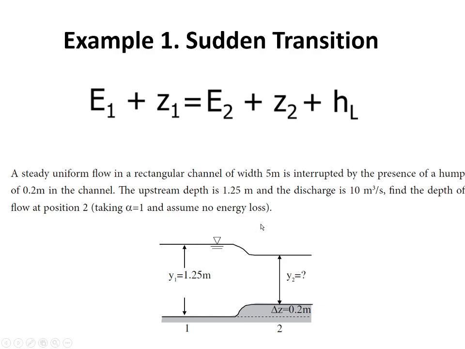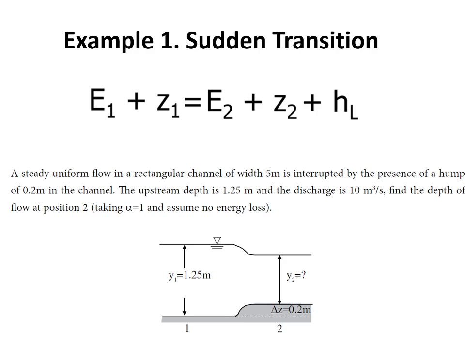There are no energy losses, therefore we can remove this term. There is also information about alpha. Alpha, you remember, is the kinetic energy correction factor. It can be assumed 1. Therefore, when we calculate specific energy, we can neglect the kinetic energy coefficient factor.